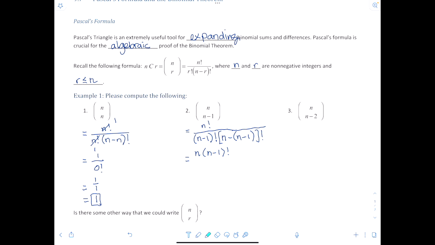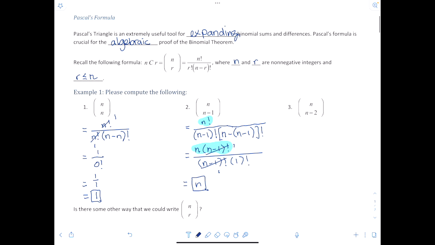So these two are equivalent, and that will be over N minus 1 factorial. N minus N is 0, right? And then minus 1 is going to be 1. So I would just have 1 factorial, which is 1. So dividing out the factorials, I just get N. Groovy? All right, beautiful.